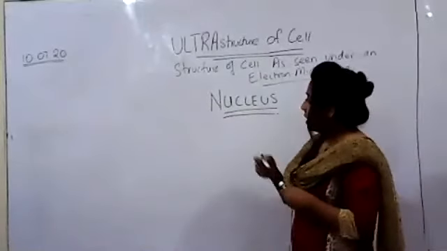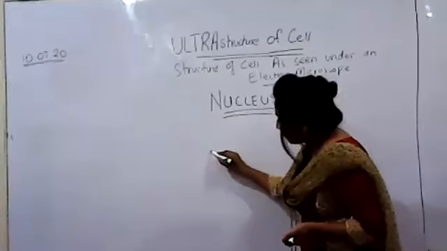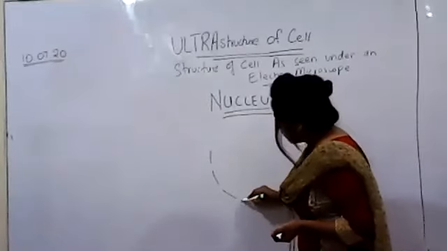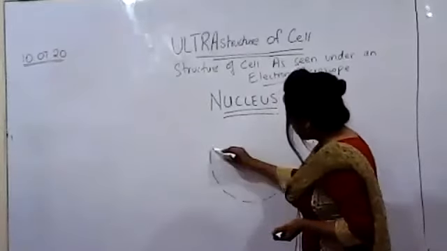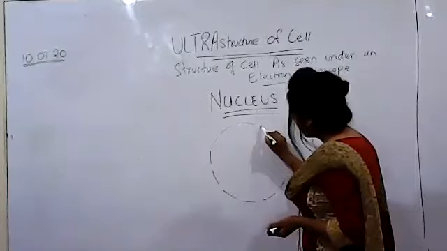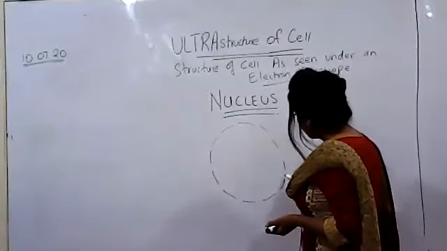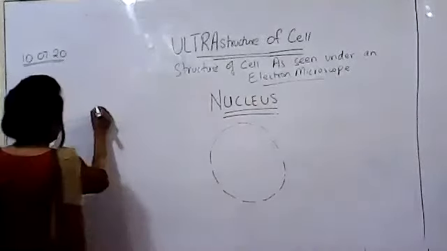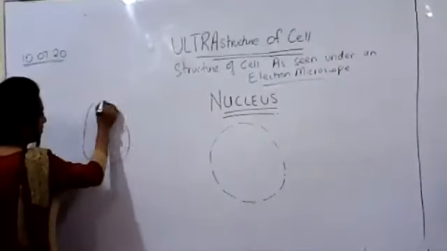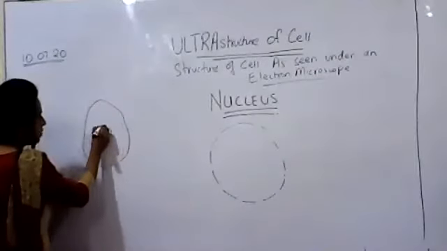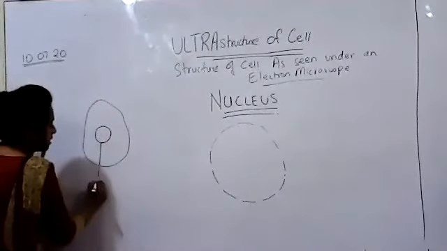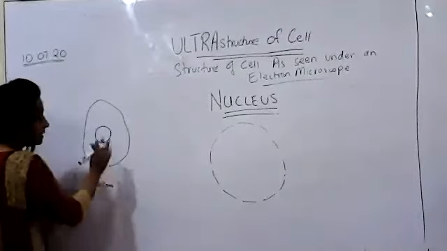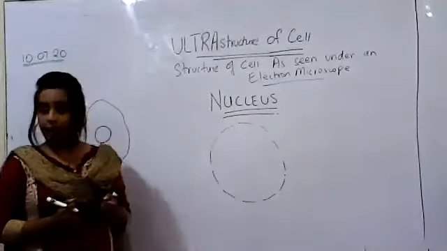Okay. Now, if I draw a tiny cell here on one side, right? This is the nucleus present in the center. This is the nucleus as seen by the light microscope, right?